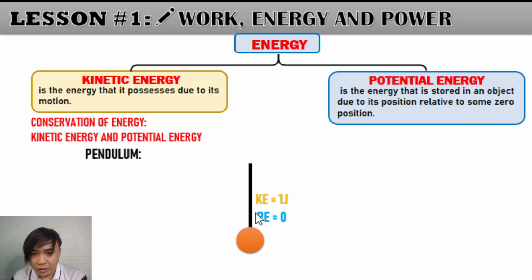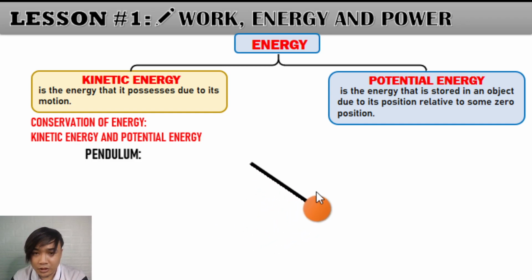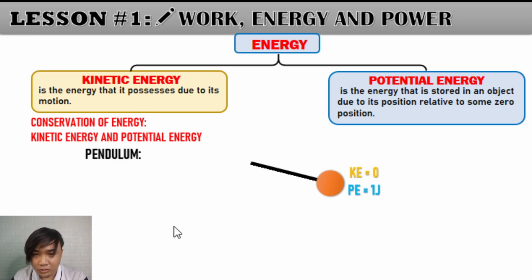Then, pag umangat na naman siya, dahil nga galing siya dito, pendulum yan, punta siya dito. So, pagdating dito, yung kinetic energy na 0, so, yung potential energy na naman is 1 joule. So, babalik na naman siya. Hilahin na naman siya bababa, pabalik dun.